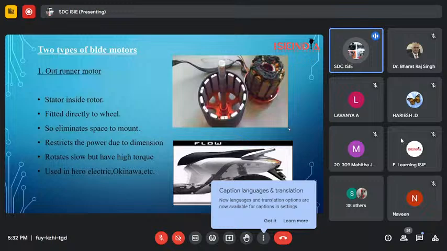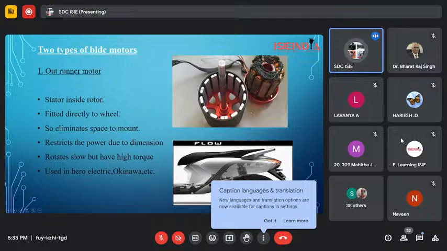So as we can see, there are 2 types of BLDC motor. One is outrunner, also known as hub motor. So here the stator is inside the rotor. This is our stator and this is our rotor. We can see in this electric vehicle also.